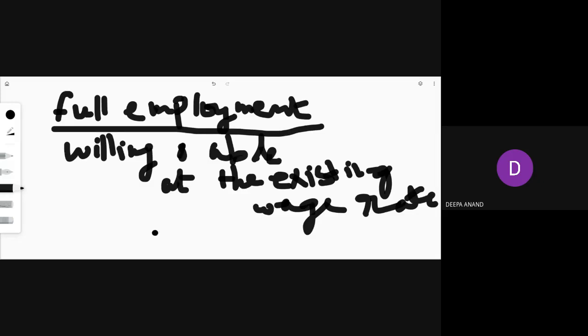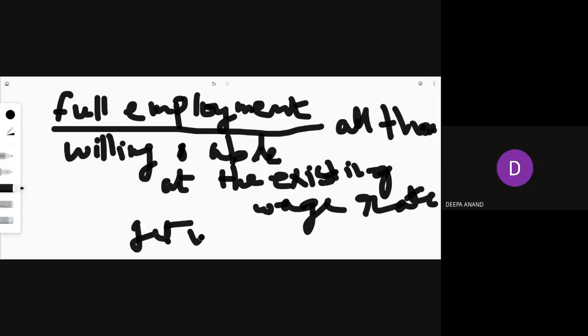So in an economy, the people who are willing to do some work, all those people, not a few, so the word all should also be there, then only it will become full. So full employment: in an economy when all those people who are willing and able to work at the existing wage rate get work without any difficulty.